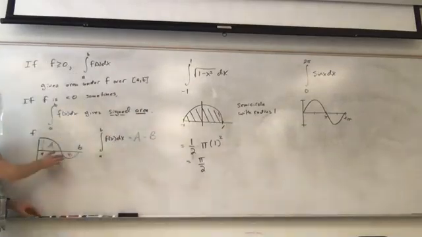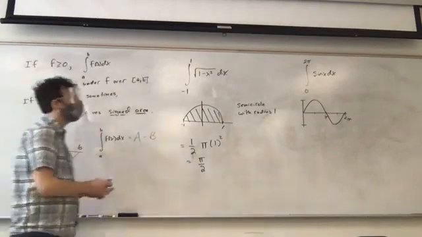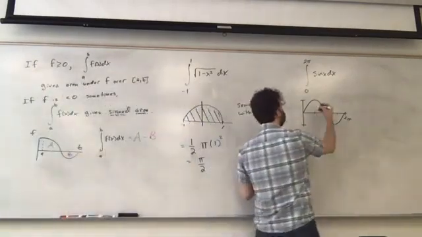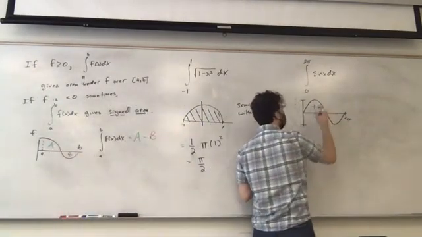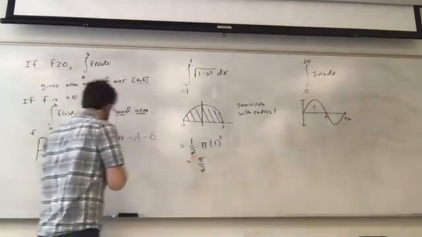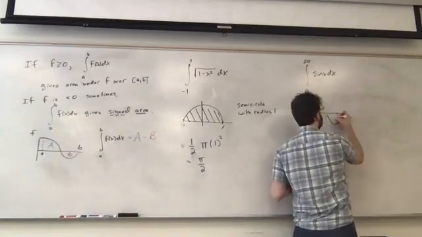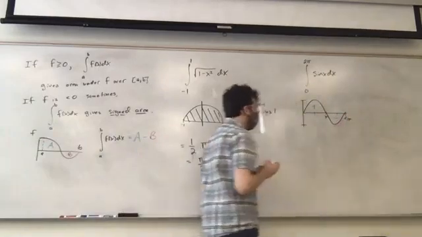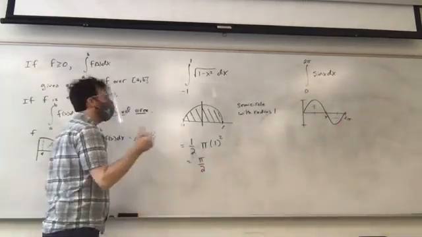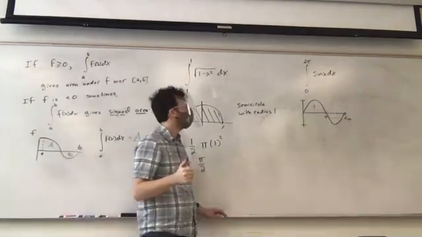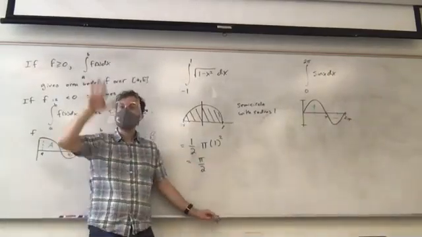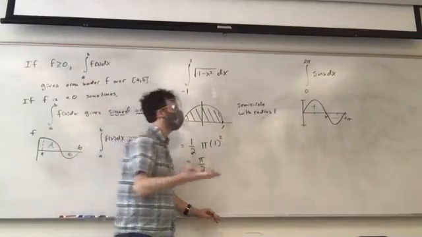But thinking back to this picture, what we can say is that this area up here is positive area. This area down here is counting as negative area. And what we do know about sine is that it's very symmetrical. Each of these humps is exactly the same shape.